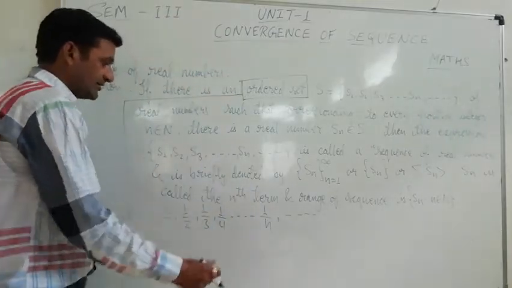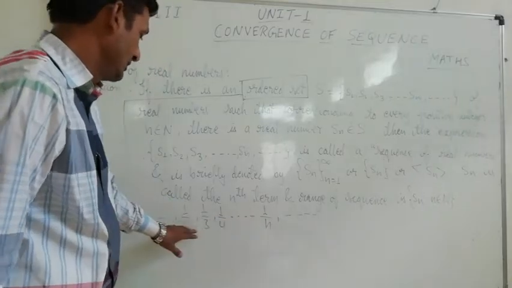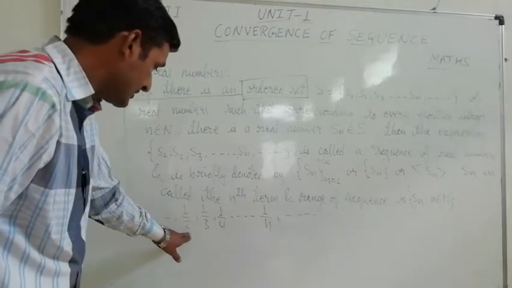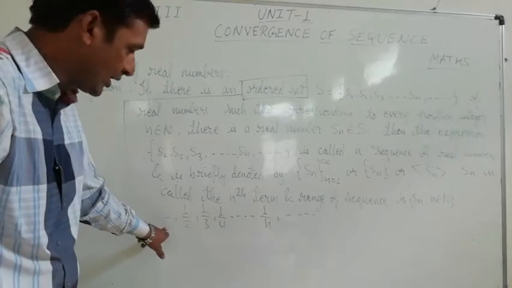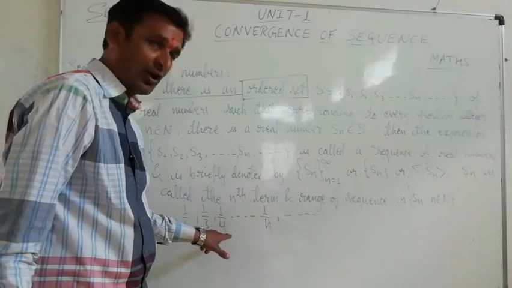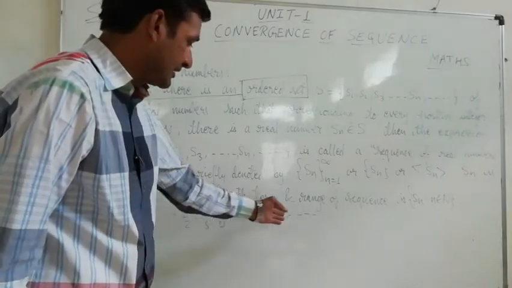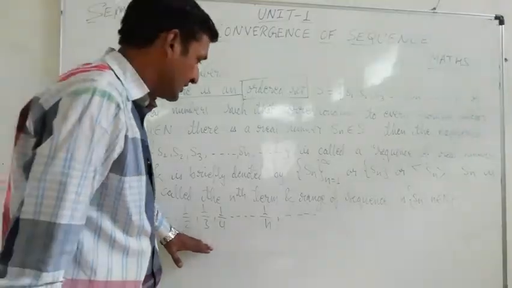Then it is called a sequence of real numbers, because there is a particular order. In the denominator, after 1 comes 2, after that 3, then 4. Like this we have to proceed. Then this is known as a sequence.